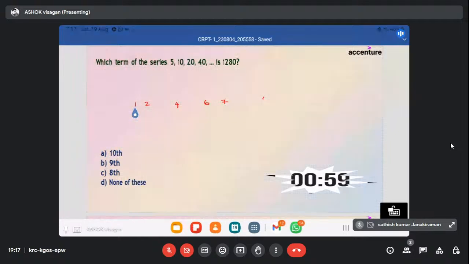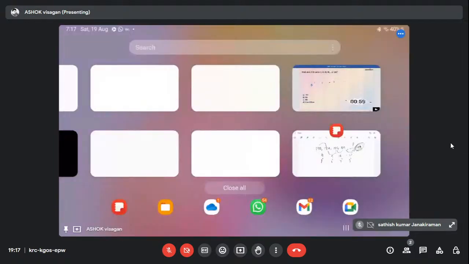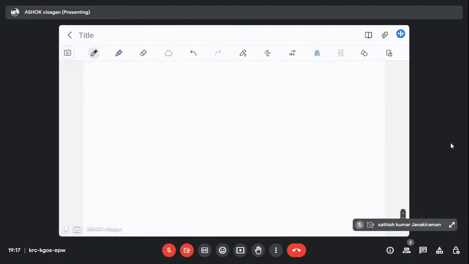So if you take 1280, without using any formulas, manually you can find out. Before 1280 it should be 640. Before it should be 320. Before that it should be 160. Then 80, 40, 20, 10, 5.